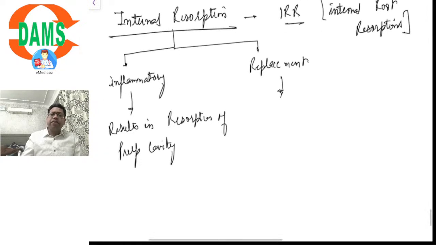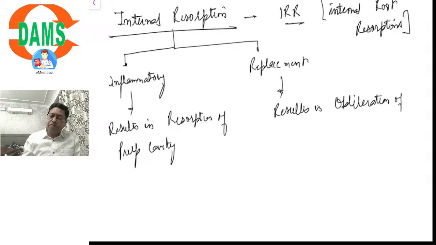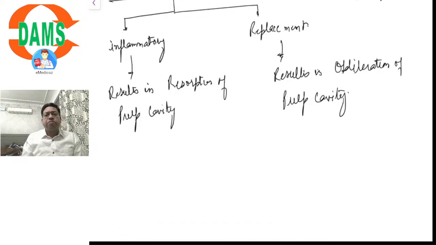Replacement, as the name indicates, results in obliteration of pulp space, pulp cavity. So these two types of internal resorption have different sequences, but the pathological condition is more or less similar. The etiology is similar.